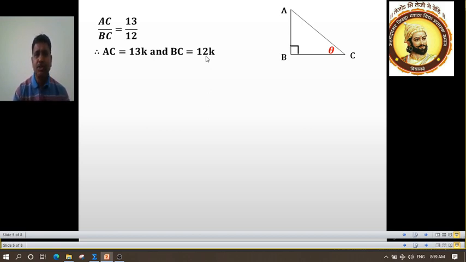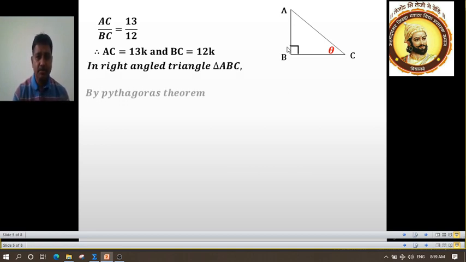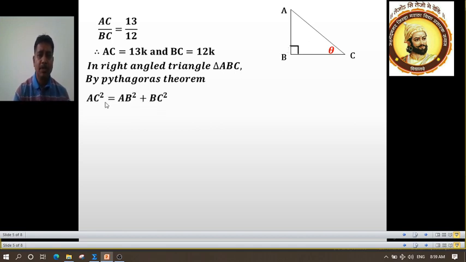Now using these two sides, we can obtain the third, remaining side, that is AB, by using the Pythagoras theorem. So by Pythagoras theorem, AC square is equal to AB square plus BC square, that is hypotenuse square is equal to first side square plus second side square.